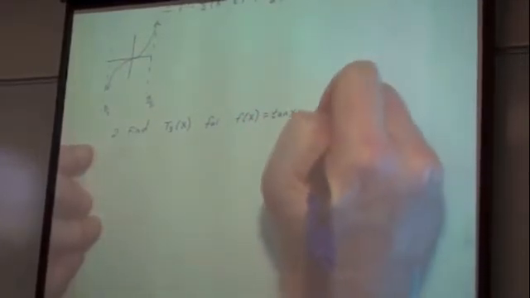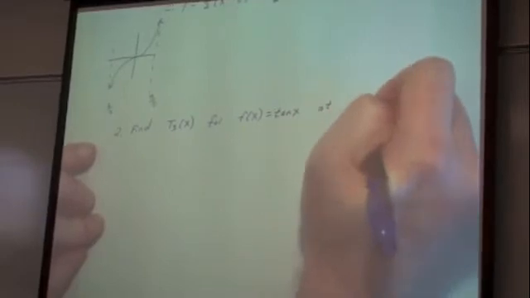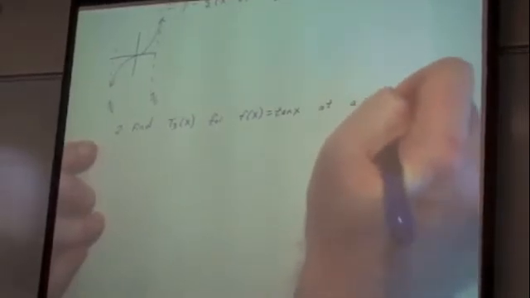So I want to find the third Taylor polynomial approximation for f of x equals the tangent of x at the point of interest a equals pi over 4.